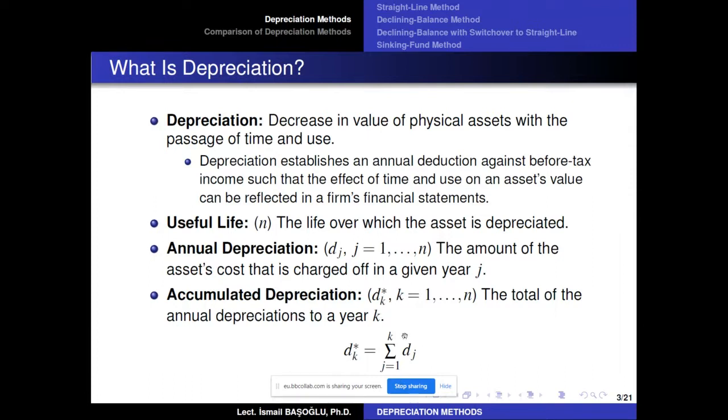It is the sum of annual depreciations from the first year until the end of year k, and it is represented by Dk star.